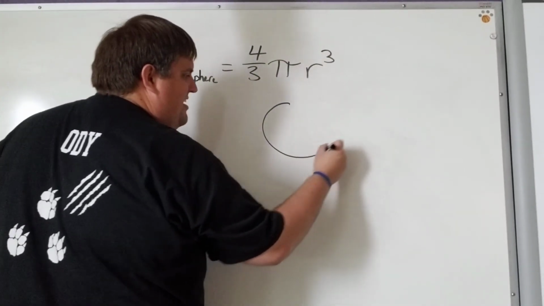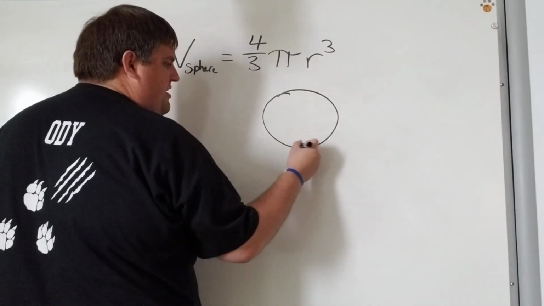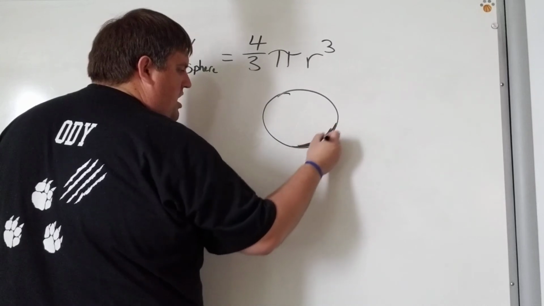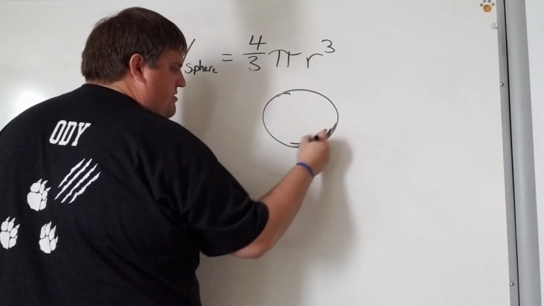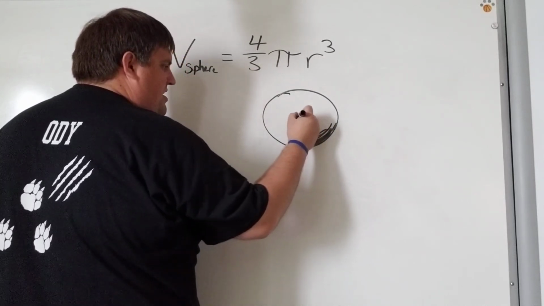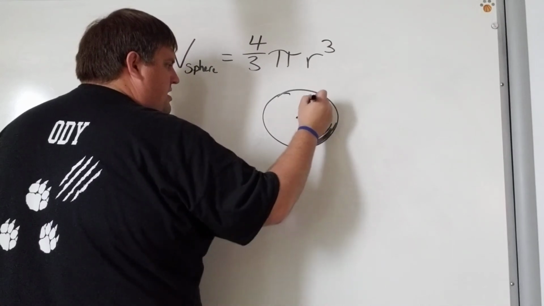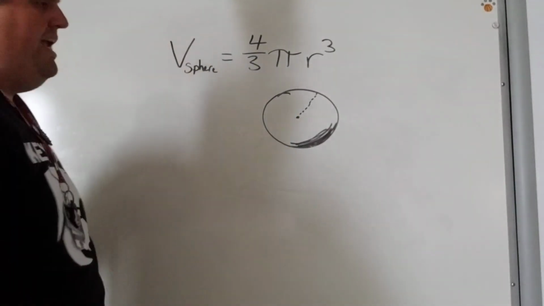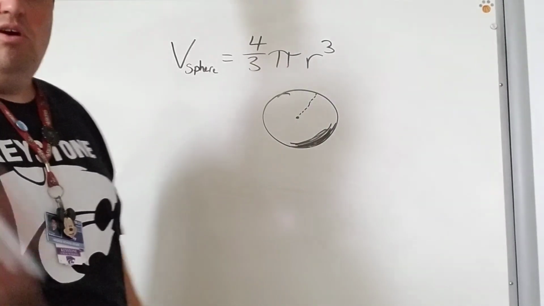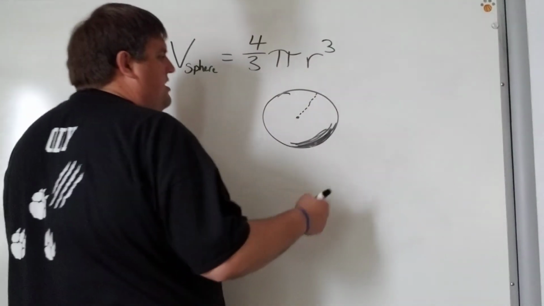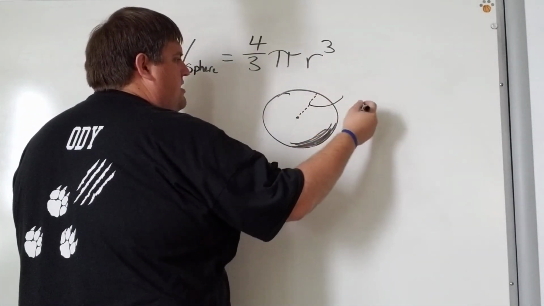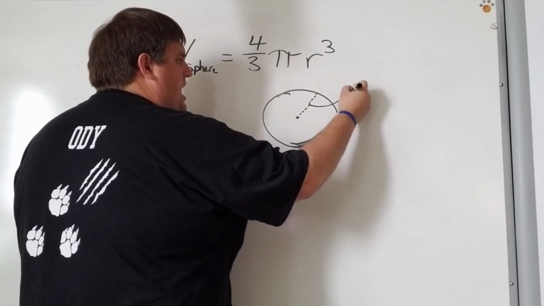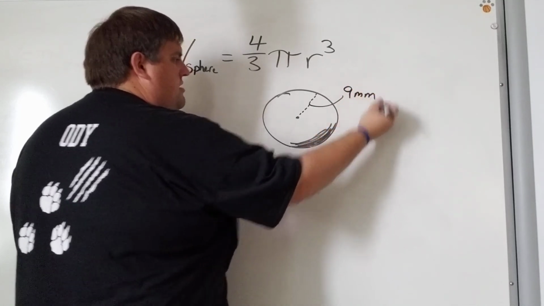That's funny. So for a sphere, I don't know. Can you tell it's 3-dimensional if I do that? So they're just going to give us the radius typically, and then you just have to know how to use the formula. So let's say this radius here is 9 millimeters.